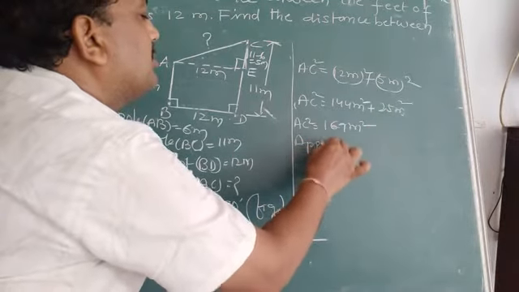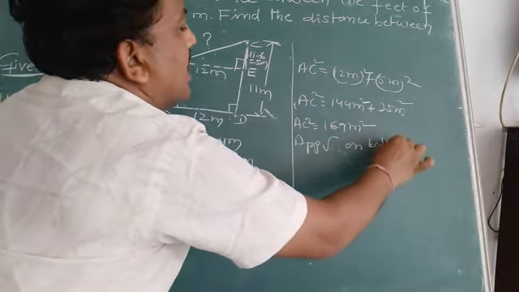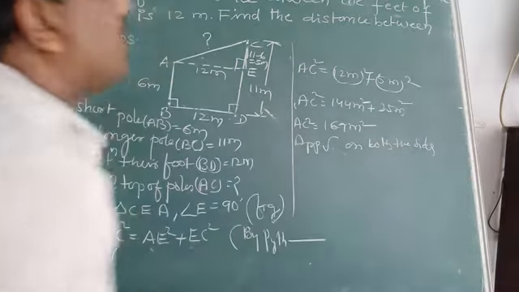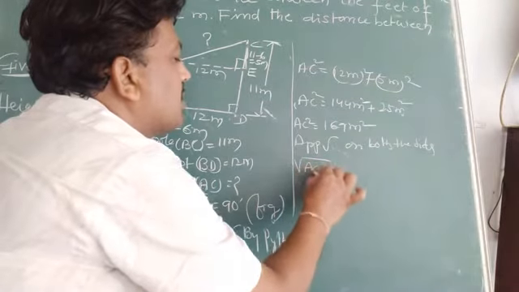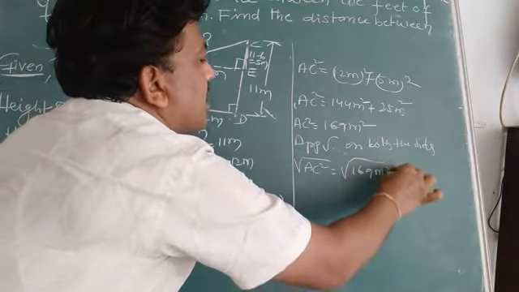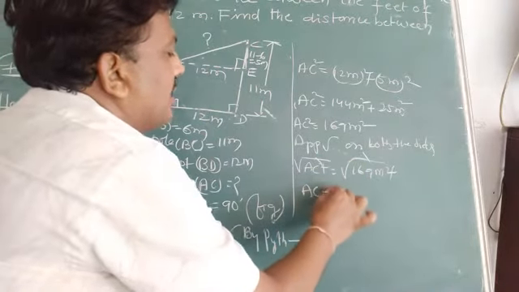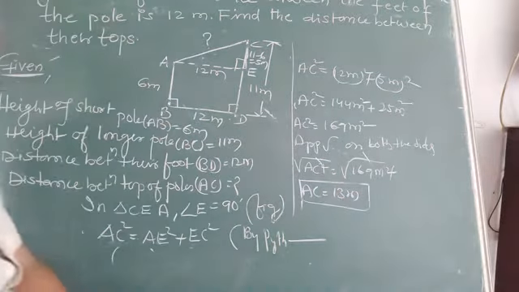Apply root on both the sides. Why, children? Because here it is AC square, we need the value of AC. So AC square is equal to root under 169 square meter. Square root cancels, this cancels. AC is equal to 169 is the square of 13.